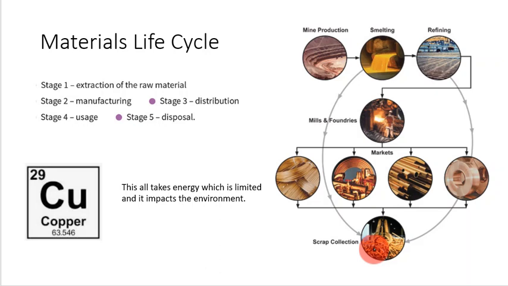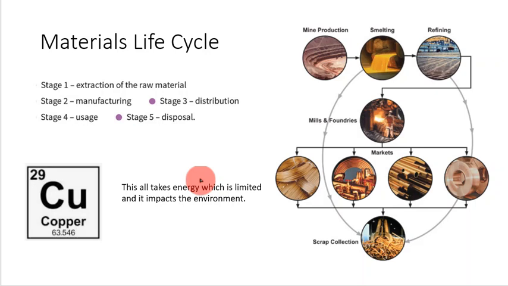You want to try and reuse it. So this is the materials life cycle: extraction of raw material, manufacturing, distribution of the product, usage of the product, and then disposal of the product. Again, think about how this all uses up energy, and it has a massive impact on the environment.